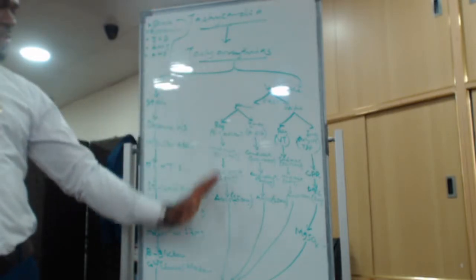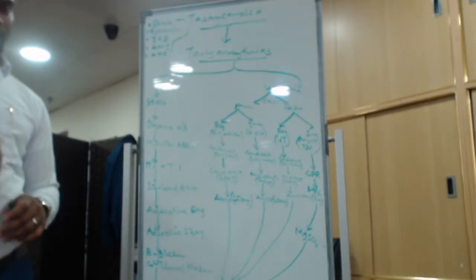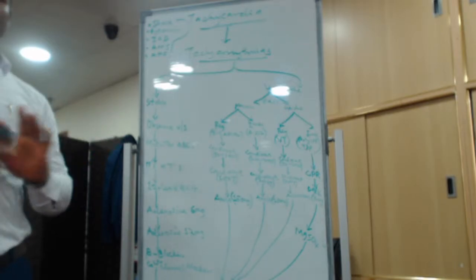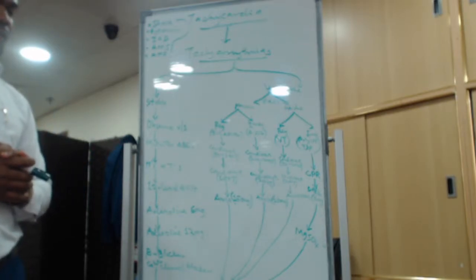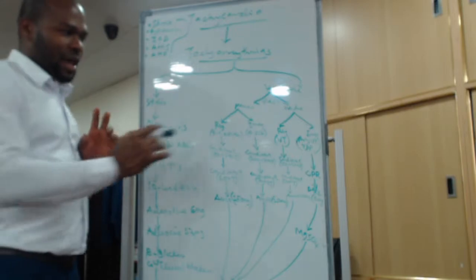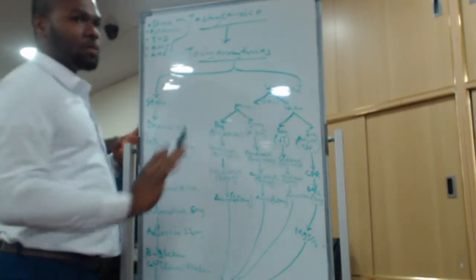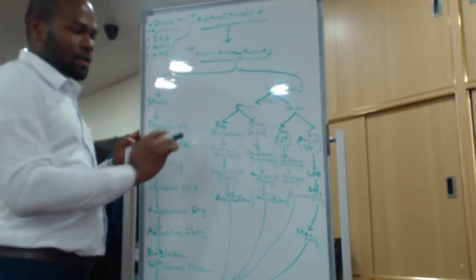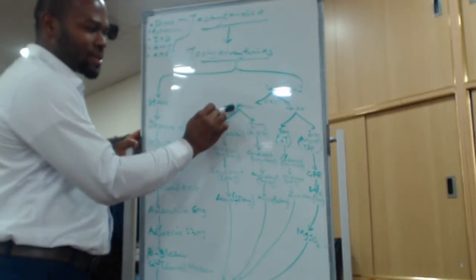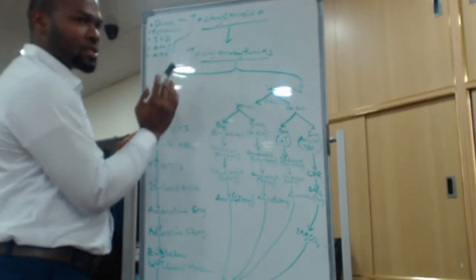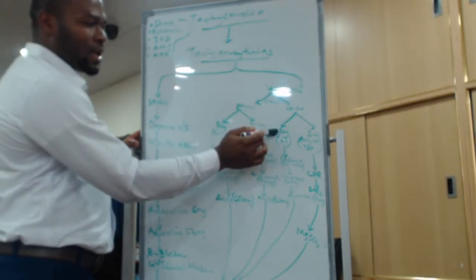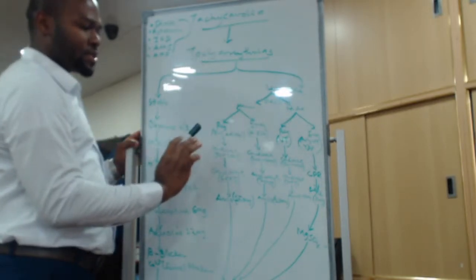This is the management of your tachyarrhythmias. Now, I want you to appreciate something with this. You notice that I was not so concerned about whether it is a narrow complex or a wide complex. Whether it is a narrow complex, regular or irregular, or a regular wide complex, I am not interested.